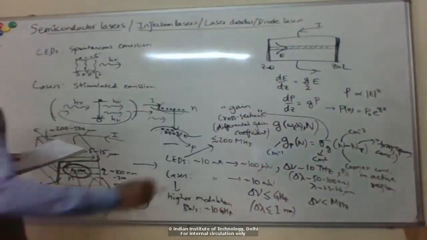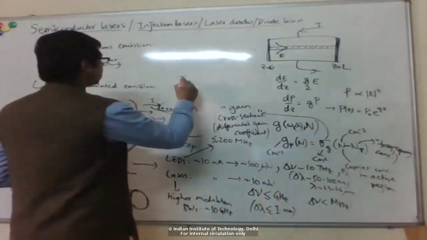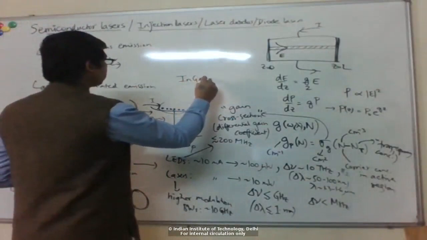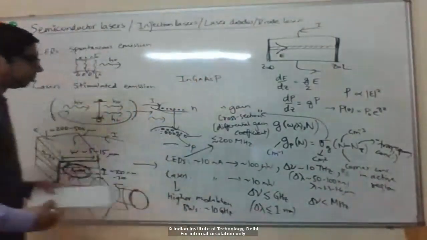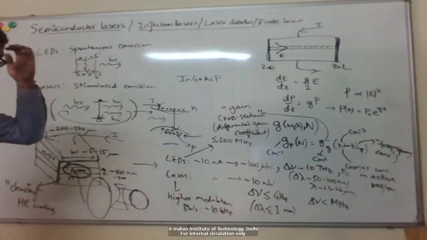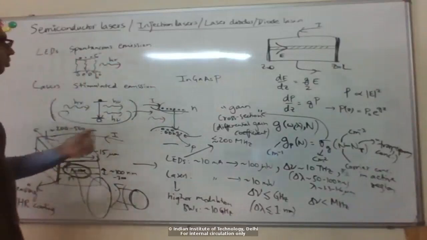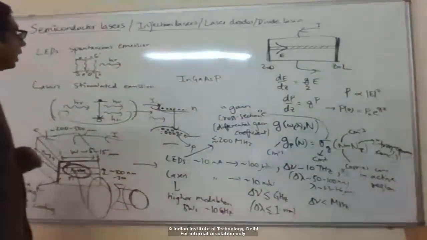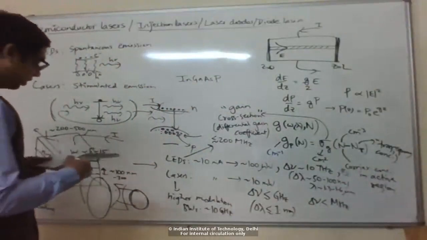For example, take the typical material system that we work with for sources used at telecom wavelengths, indium gallium arsenide phosphide.